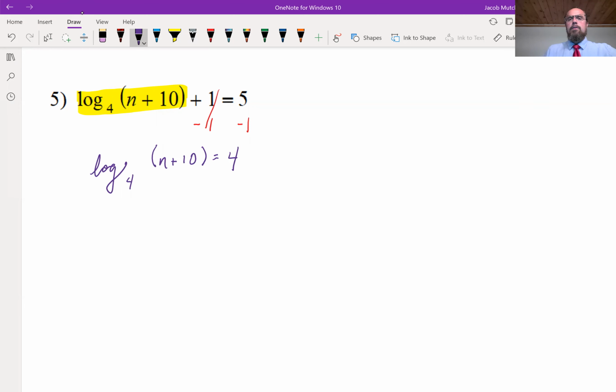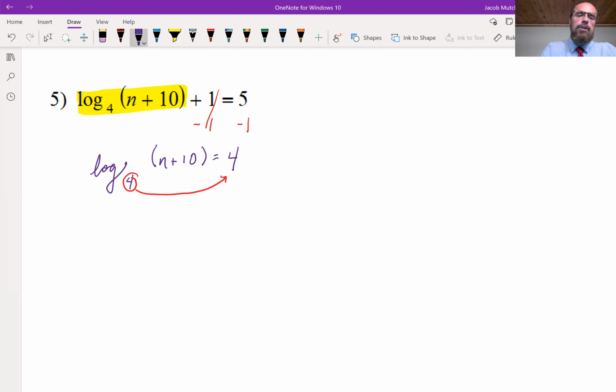Once I have it to where the logarithm is by itself on one side and it equals just a constant number on the other, I can convert this to an exponential equation to continue solving. Remember how that conversion works. I'm going to start with the base 4, and raise it to the power of the value on the far side of the equal sign.